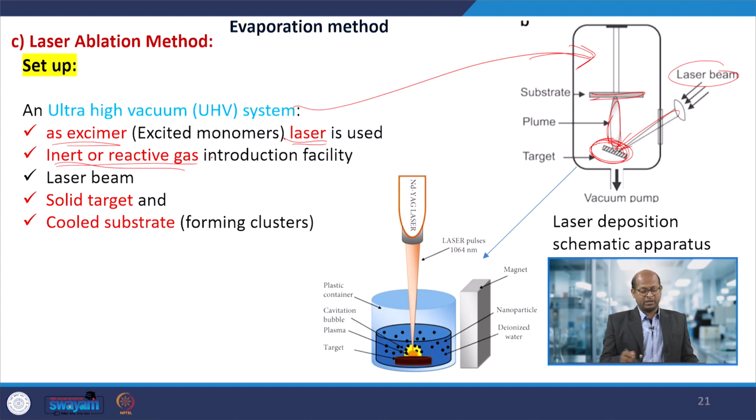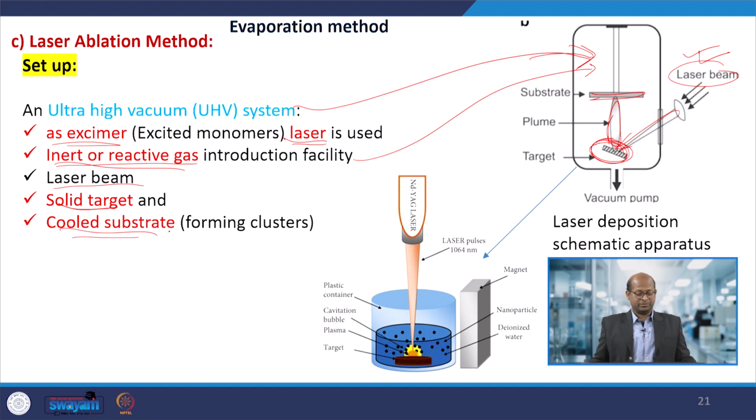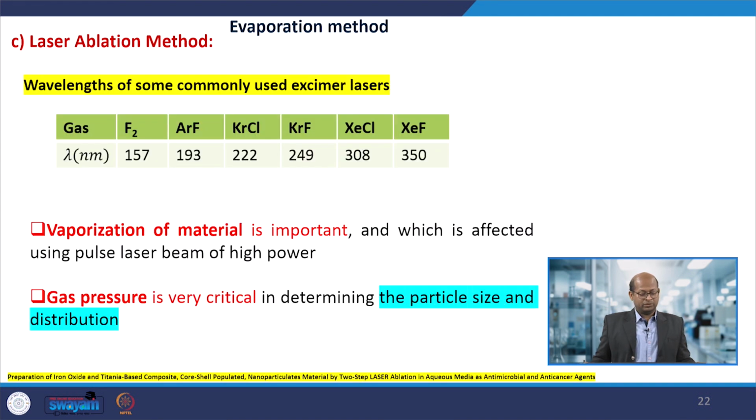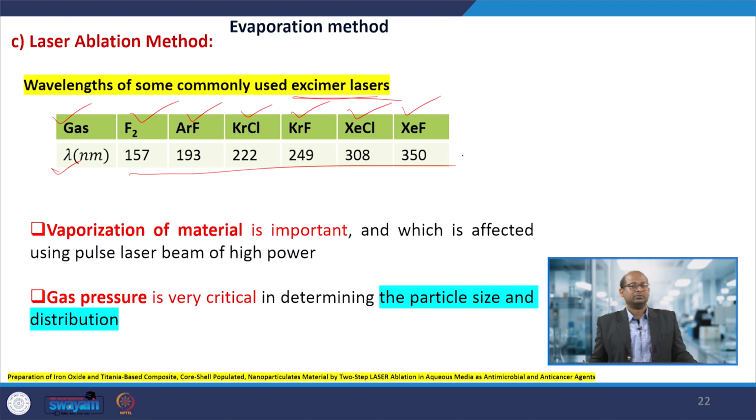Inert or reactive gases are placed in the vacuum chamber. Then the laser beam falls over the target, and a cold finger or cold substrate is there, so the material is deposited on it. Various excimer lasers are available, such as fluorine ArF, krypton chloride, and xenon chloride, with different wavelengths.